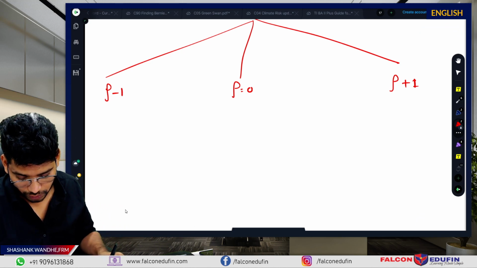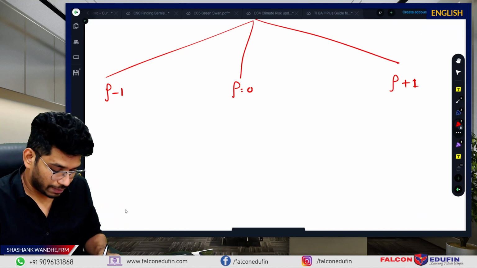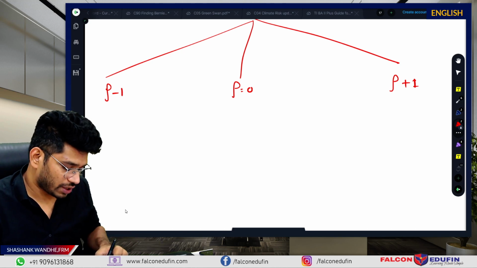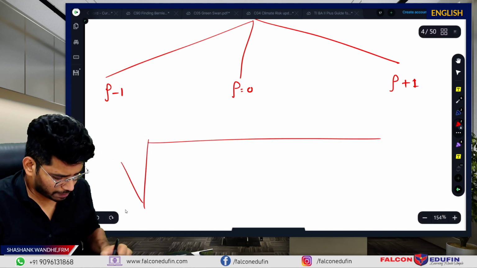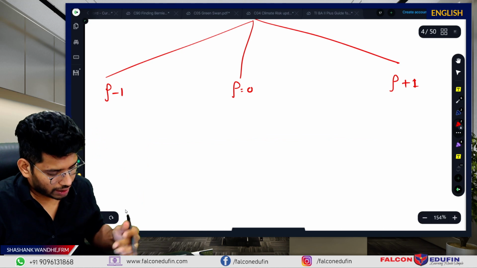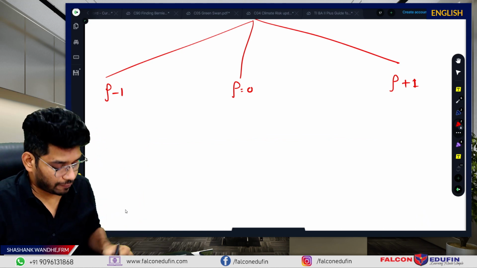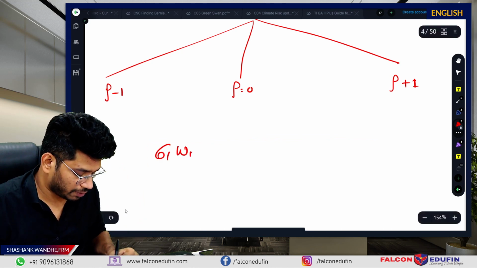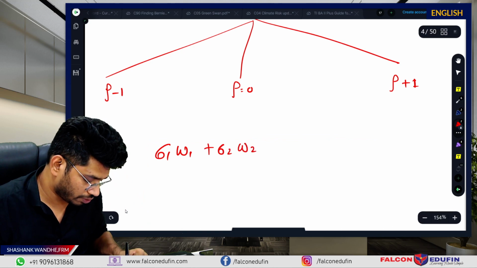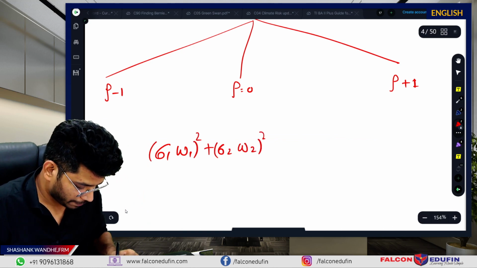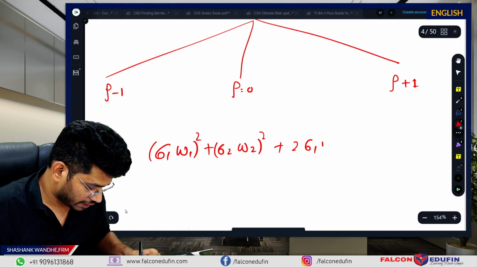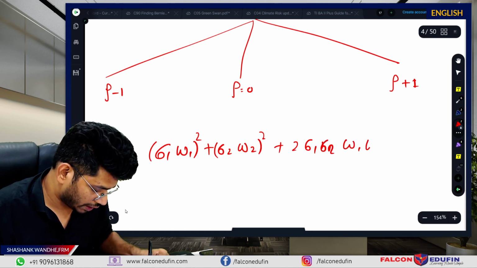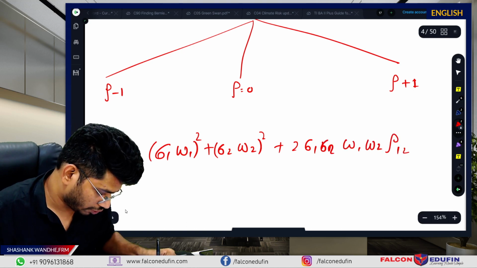So what does it become? Just think about it. I will help you in the first part, okay? Instead of AB, I will use 1 and 2. So (sigma 1 W1) plus (sigma 2 W2), both in square, plus 2 into sigma 1, sigma 2, W1, W2, rho 1 2.